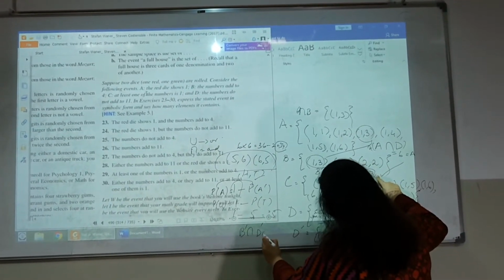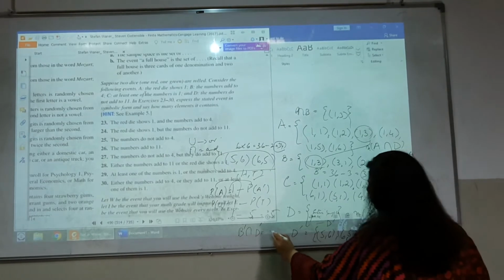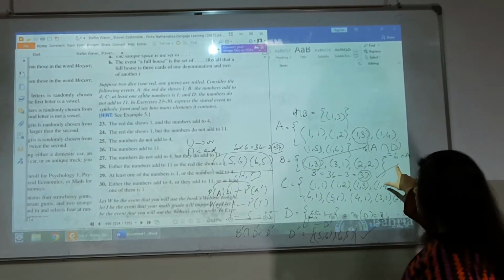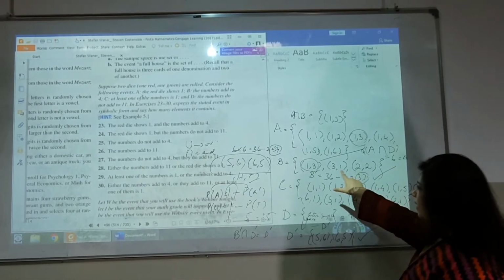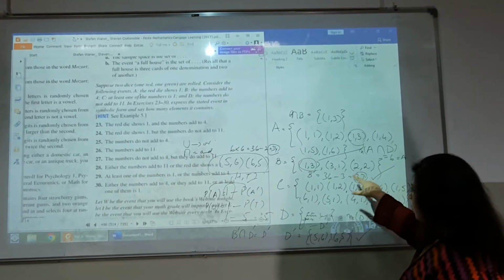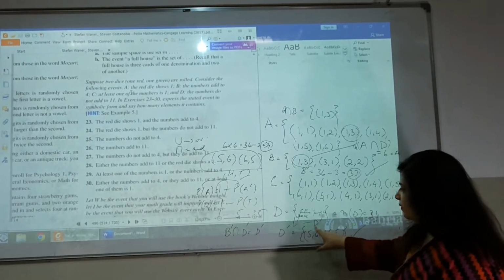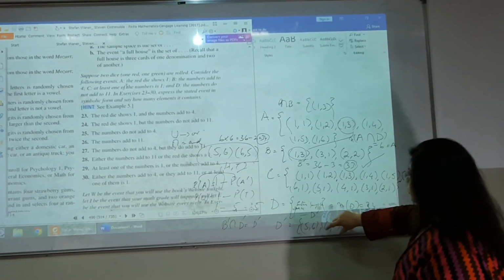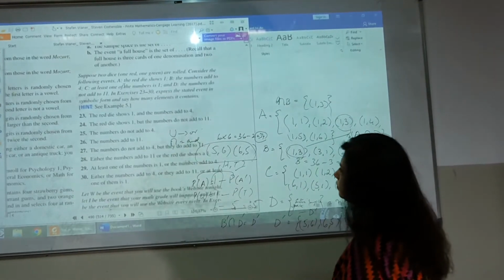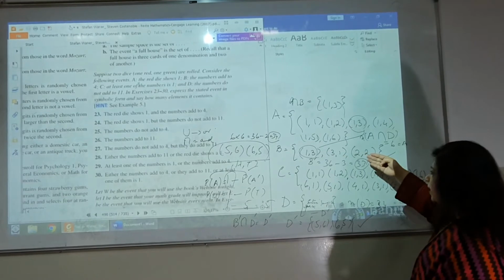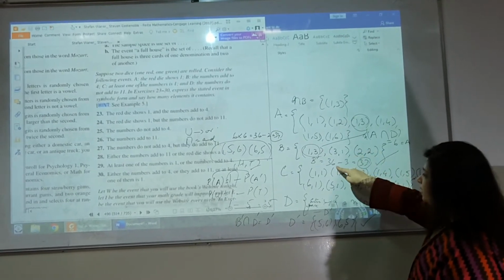And that would be the entire D is equal to B complement intersection D, because this is a larger sample space where they are not adding to 4. So I can have all these values which are not these values, okay? So I can have an intersection where, because you see, 1, 3, 3, 1, 2, 2, they were subtracted from this entire sample space.